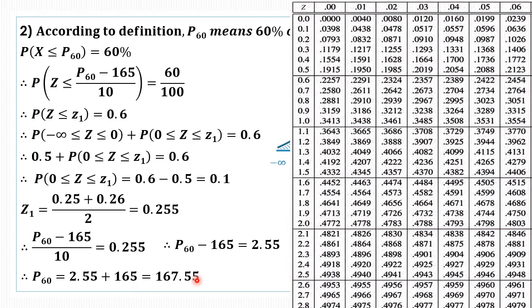But usually for quartiles, you have the direct formula, that is Q1 is negative 0.675. That is from the table you have to find that value, and Q3 is positive 0.675, which you can find the probability of from the table. Okay, moving on.